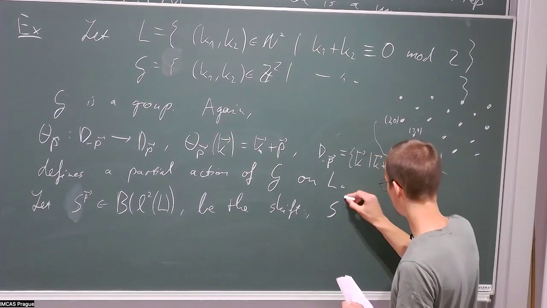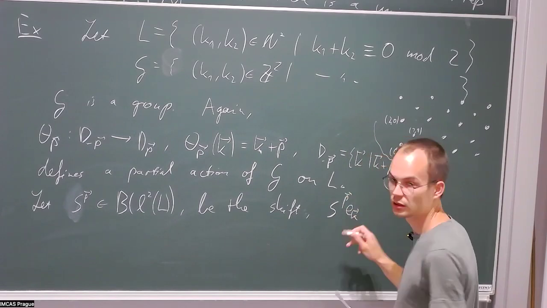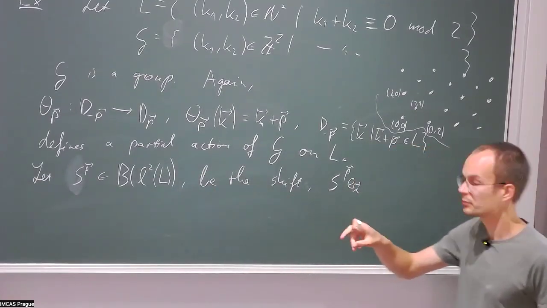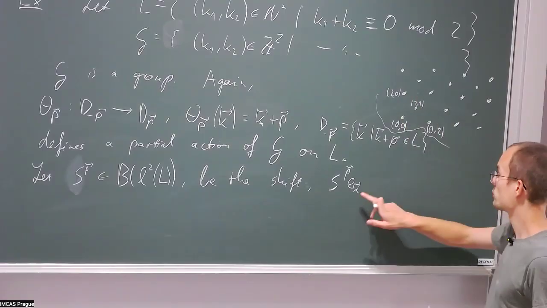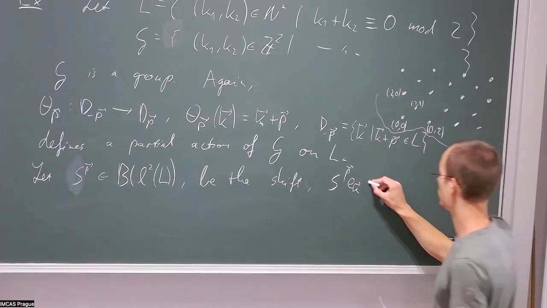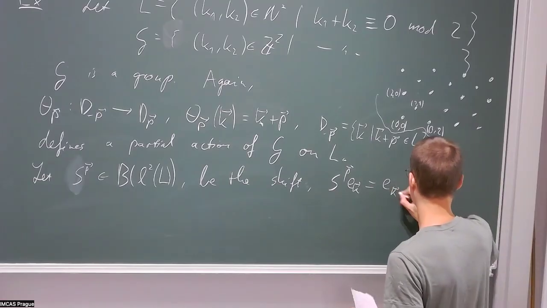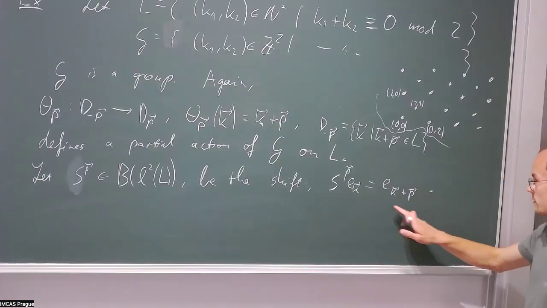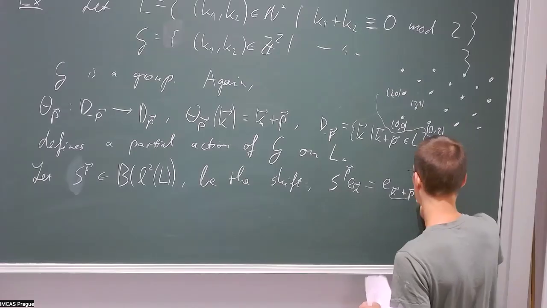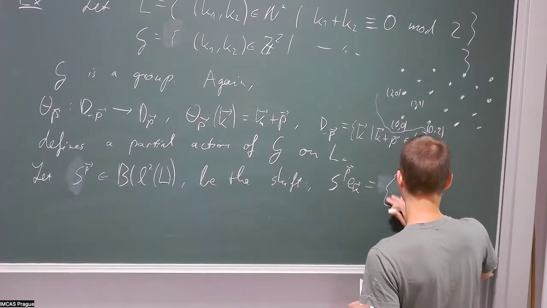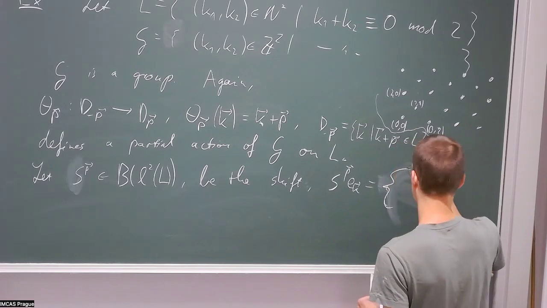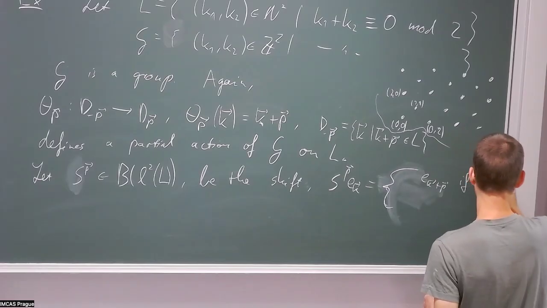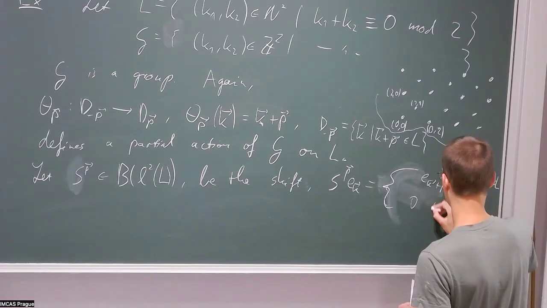Meaning that if I take S_p and apply it to some basis vector e_k, where I have an orthonormal basis of L2 of L indexed by these lattice points, I just want to shift it to e_{k+p}. So this is e_{k+p} if k plus p is still in L, and 0 otherwise.